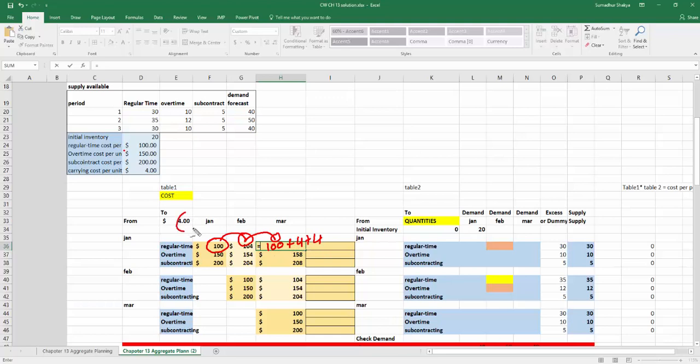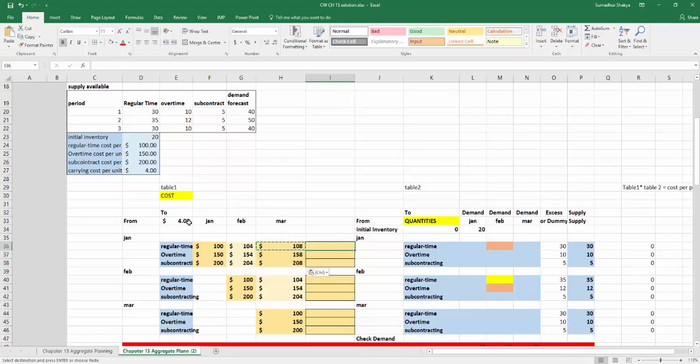Because $4 is our carrying cost. So we're going to say equals to this plus an additional 4, and I'm going to freeze this so that I can copy it down.